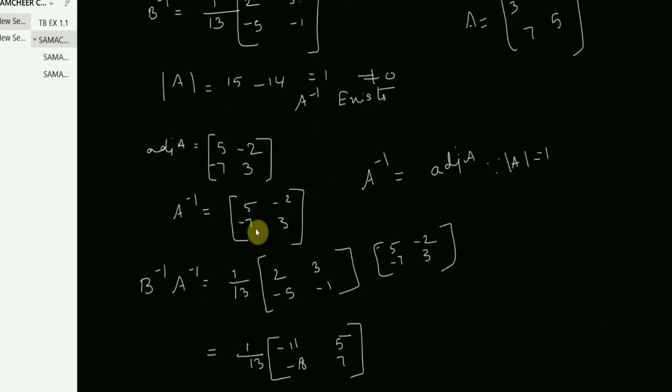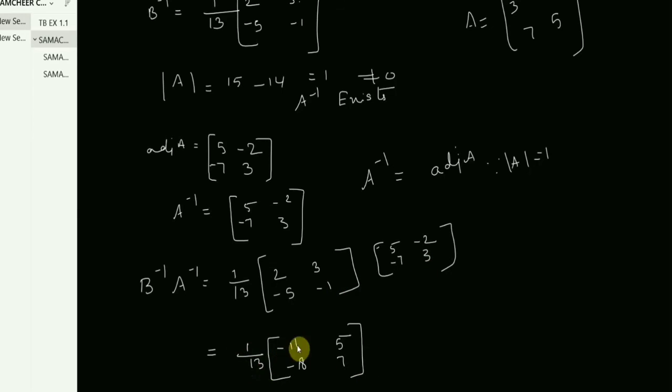Now multiply 1 by 13, B inverse into A inverse. Okay. So we get the answer 1 by 13, minus 11, 5, minus 25 plus 7, that is minus 18. Then 10 minus 3, that is equal to 7.